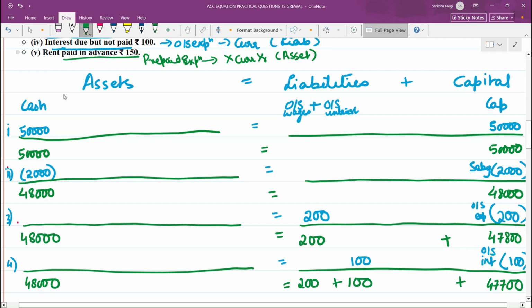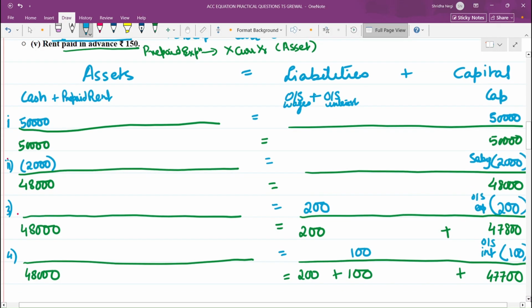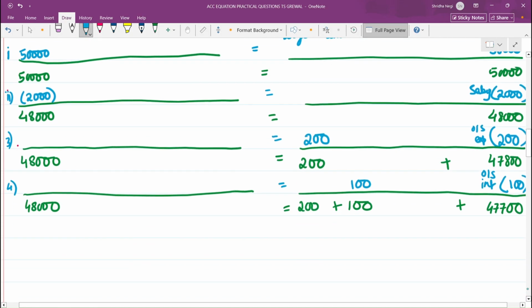तो आपका asset side में क्या आ जाएगा? What will come? Prepaid rent. It's an asset. Prepaid expense is an asset. And here you are going to add it. ठीक है, यहाँ पे आप लिख दोगे how much? 150. 150 is equal to prepaid expense, and what is happening here?